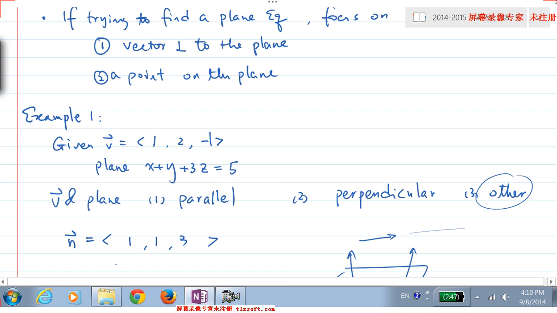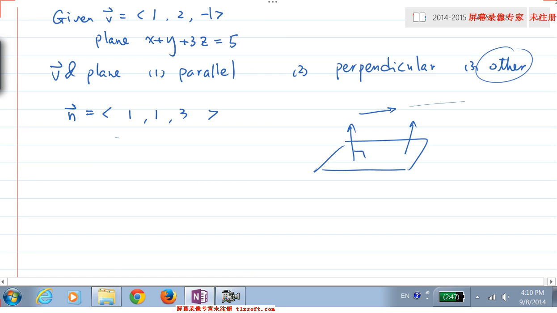Is that clear? So to illustrate this, here's a plane, and what we just found is the normal vector n to the plane. I'll just draw n here.